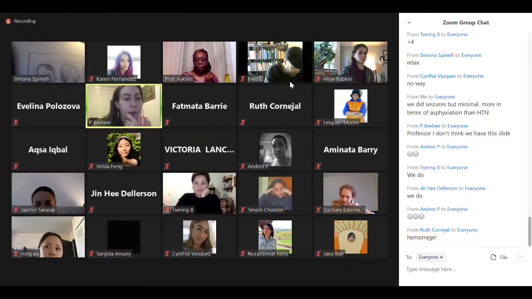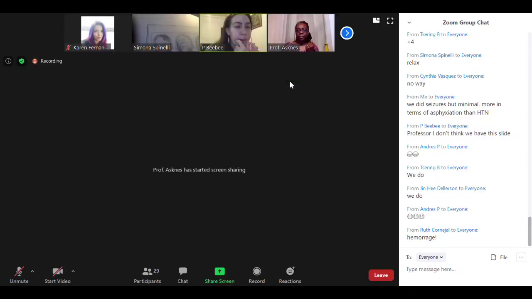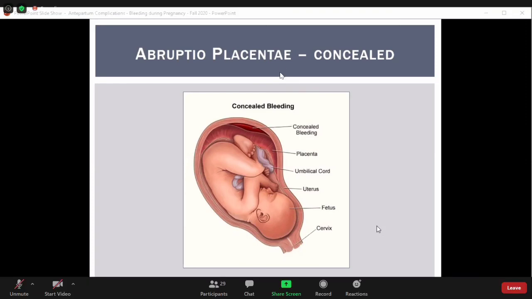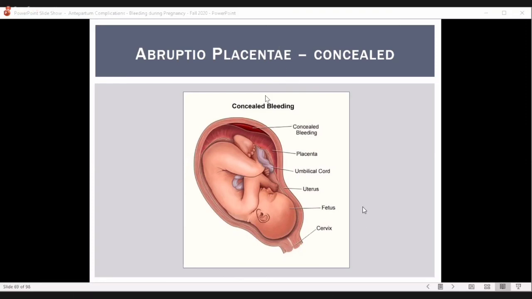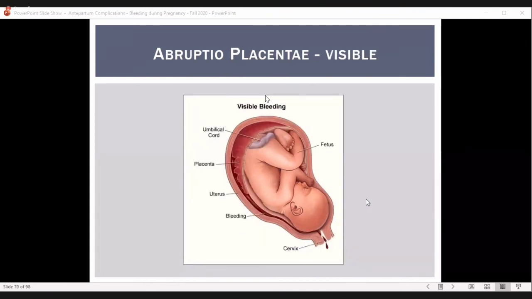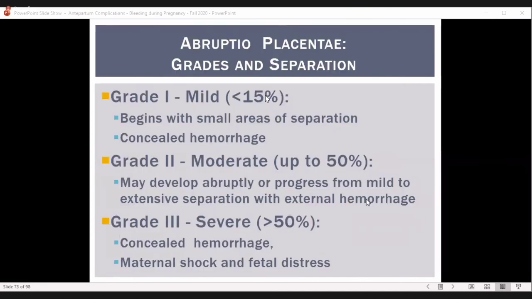So where the actual separation is, not necessarily. It may be concealed, it may be visible. And that has nothing to do with the degree.